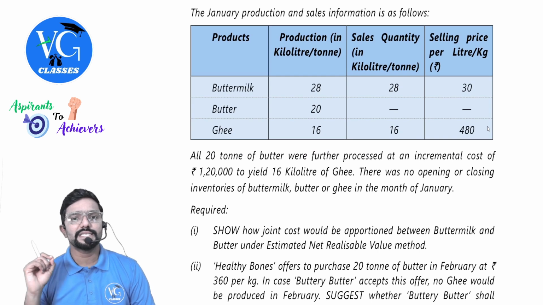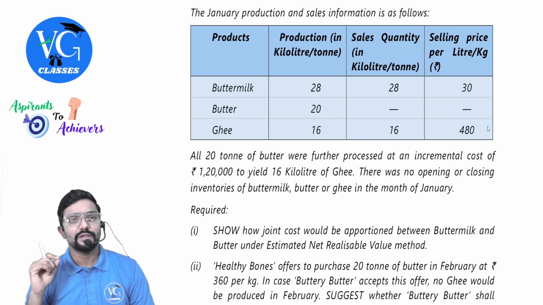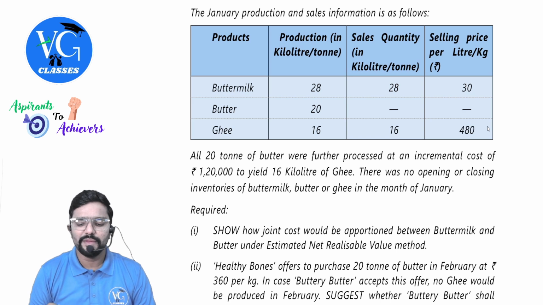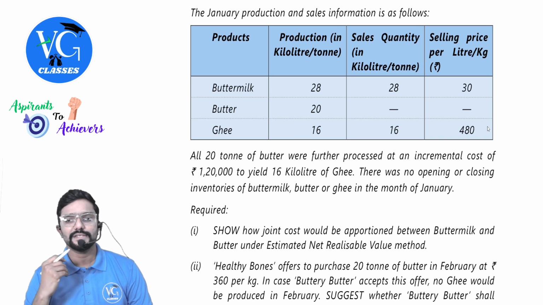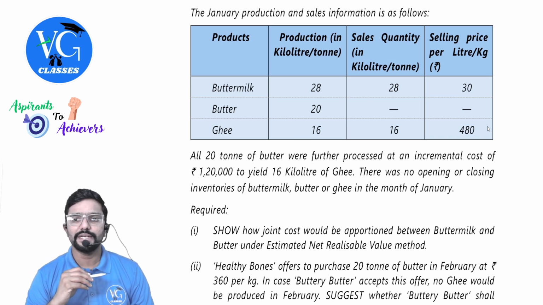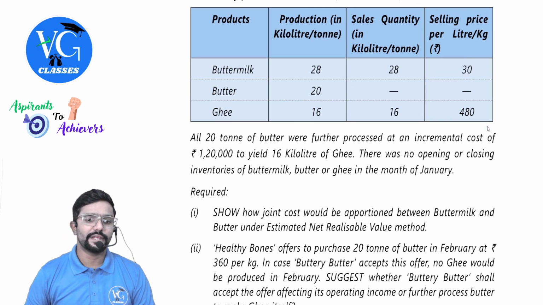The January production and sales information is as follows. Buttermilk production in kiloliter or ton is 28, butter 20, ghee 16. Sales quantity in kiloliter or ton is 28 for buttermilk. Butter we are not selling, maybe because we are converting it into ghee, guys. So ghee sales quantity is 16. Selling price per liter or kg is 30 for buttermilk and 480 for ghee.